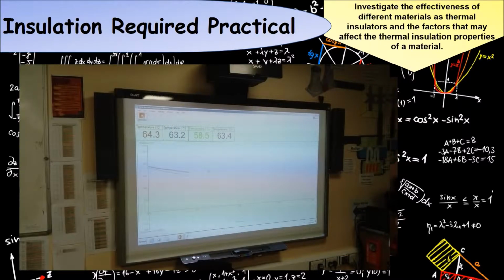After 10 minutes, the first reading, the purple one on the left hand side, had gone down to 64.3. The following one had gone to 63.2, the green to 58.5, and finally the one on the far right hand side 63.4.